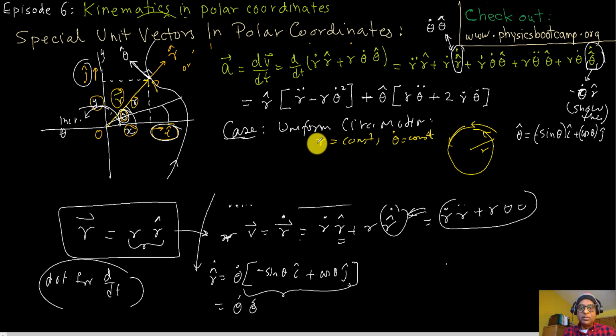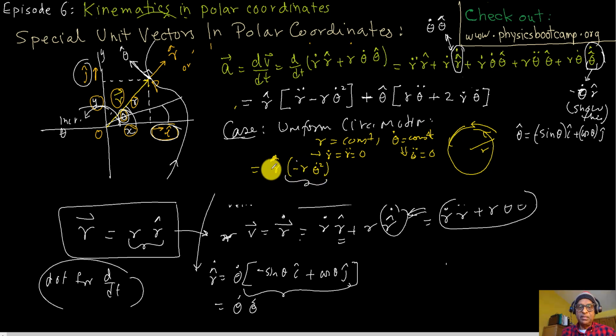So when we work this out, r double dot will be 0. This means r dot and r double dot are 0, and theta double dot is 0. So in this case, you get r hat component minus r theta dot squared, and the theta hat component is 0.